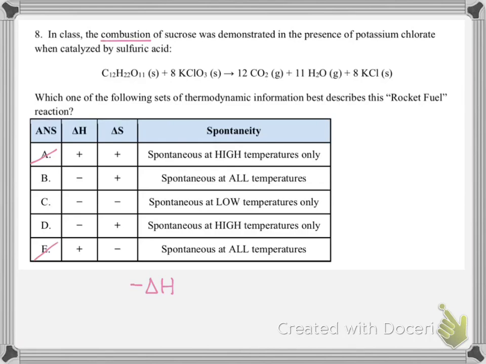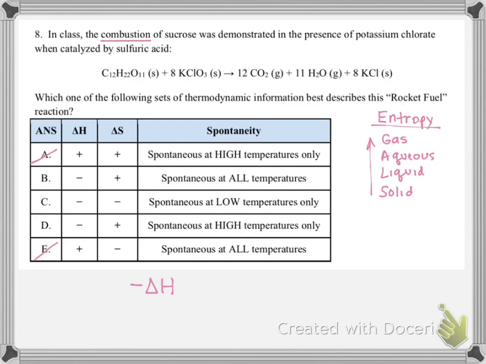Okay, and so now we need to figure out what the delta S is. And for this, we're going to look at the phases in our reactants and then in our products. Because we know for entropy, if our molecules are all at the same temperature, gases have a higher entropy, followed by the aqueous phase, and then the liquid phase, and then the solid phase.